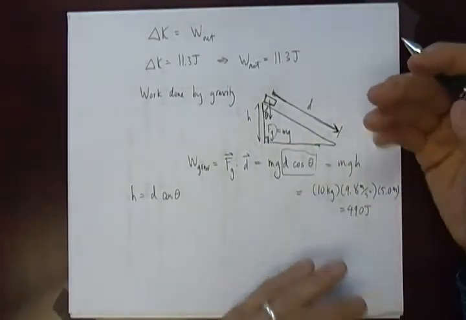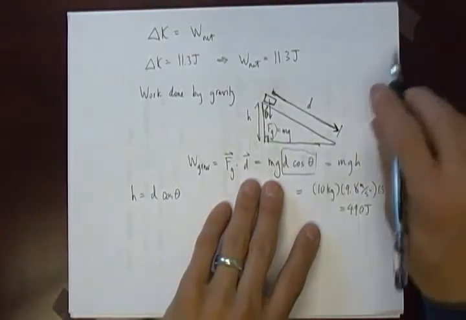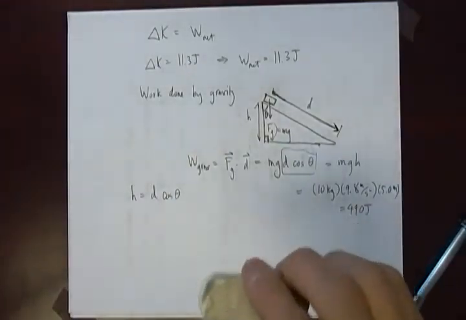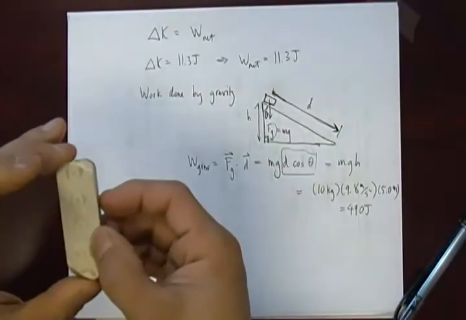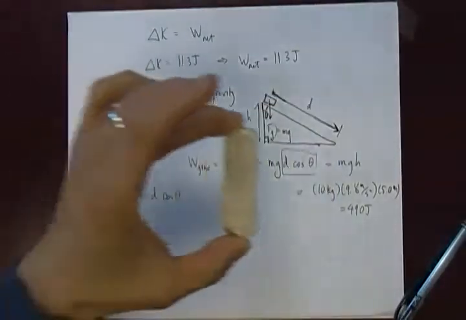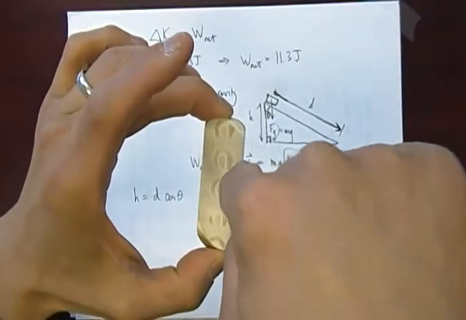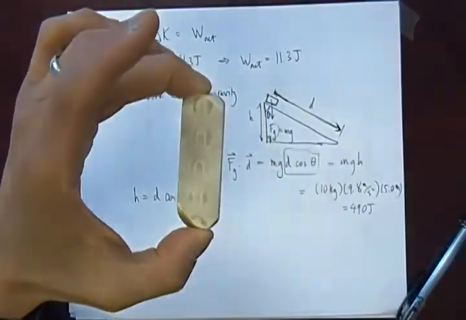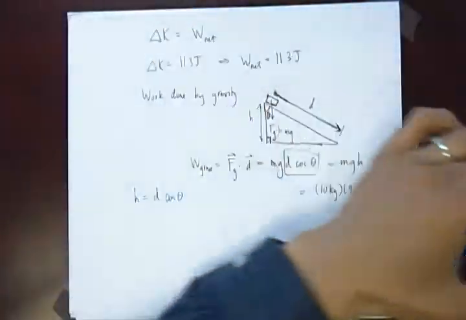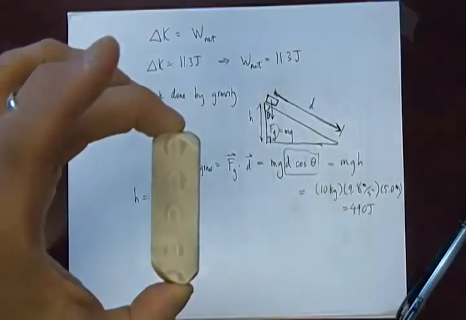A faster way to do this work calculation is this: what's going on here is we have a motion downwards, but we also have a motion horizontally, so it's going diagonally. If you simply say that the force of gravity goes straight down, you can completely ignore all the motion in the horizontal direction because it makes no contribution to the work done.